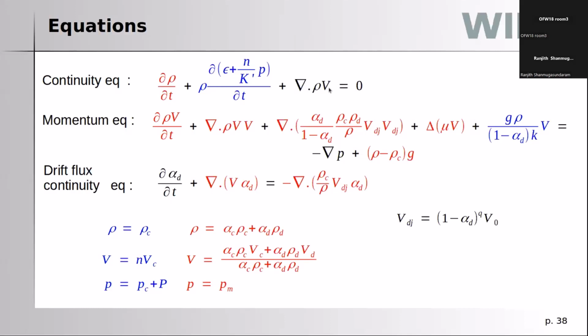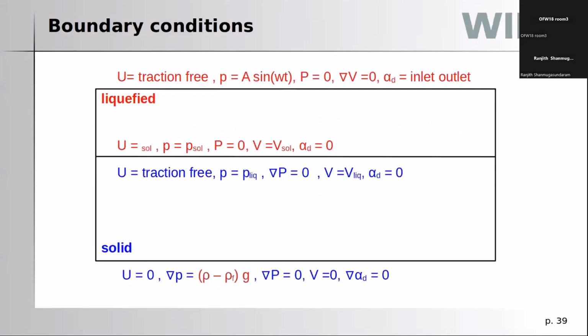We turn the terms on and off depending on whether the soil liquefies or not. Similarly, for the boundary conditions in this model, we have additional terms for the velocity, and this is the same as in the previous model.